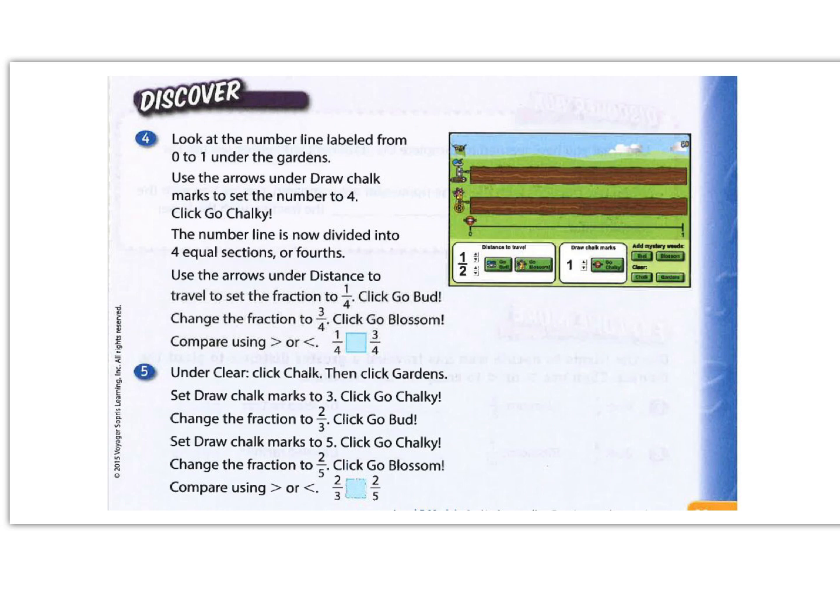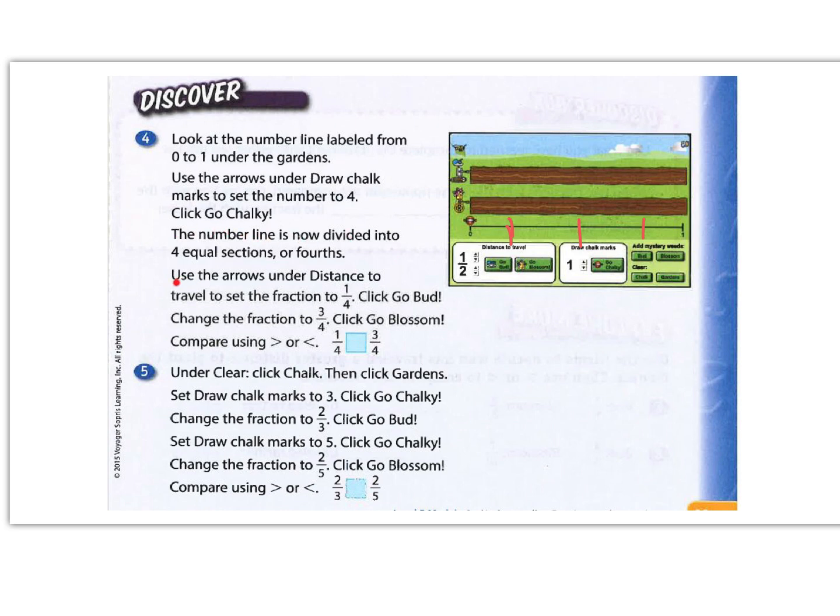Click Go Chalky. So that's right here. So you're going to click this up to 4 and then click Go Chalky. The number line is now divided into 4 equal sections, or fourths. So that means that this number line will have sections in fourths. Mine's messy, but it'll look nicer on your screen.